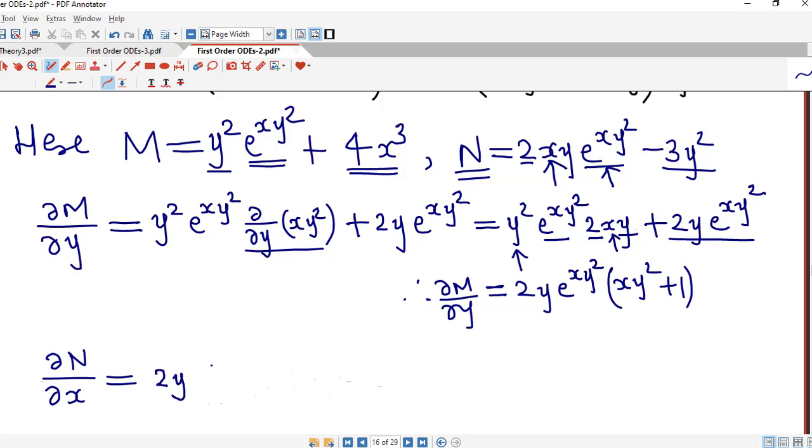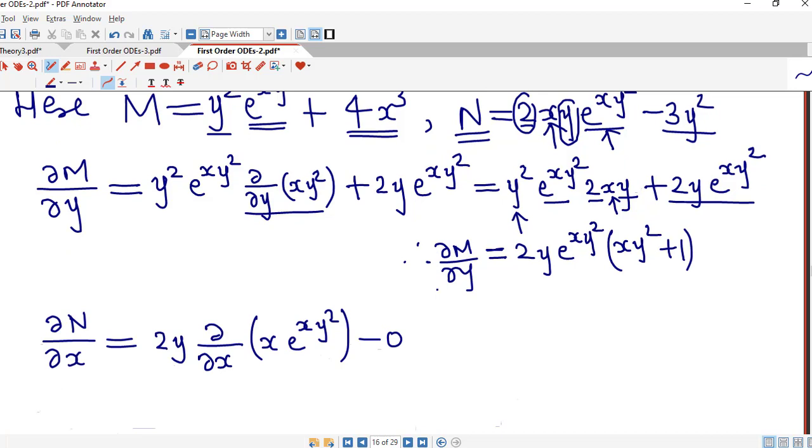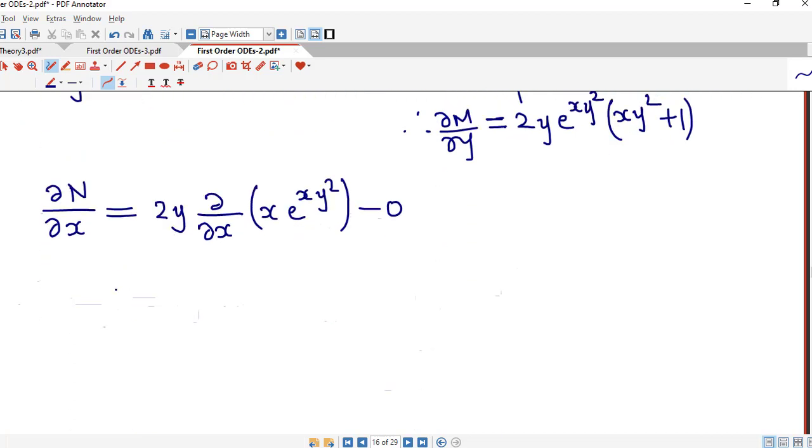We consider 2y as constant, partial derivative with respect to x of x into e raised to xy square, and derivative of minus 3y square with respect to x is 0. So here we have considered 2y as constant, and we are differentiating x e raised to xy square with respect to x. So now we apply product rule.